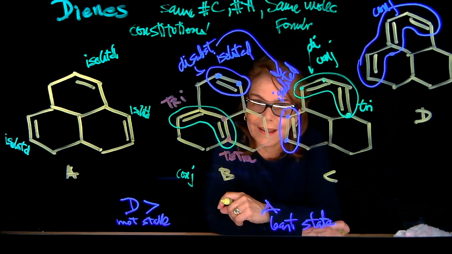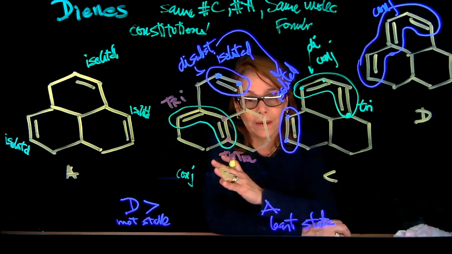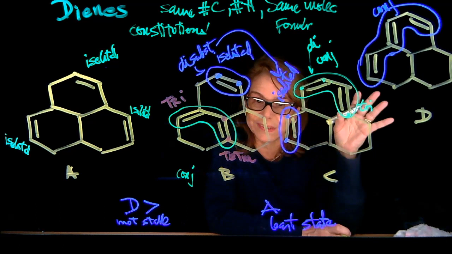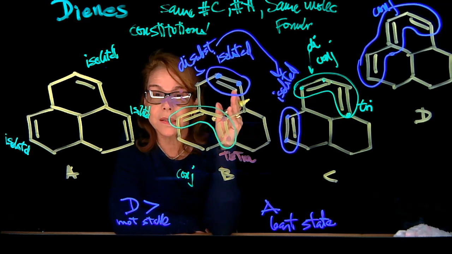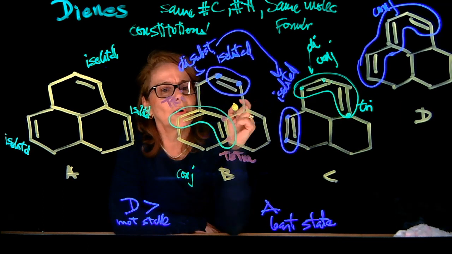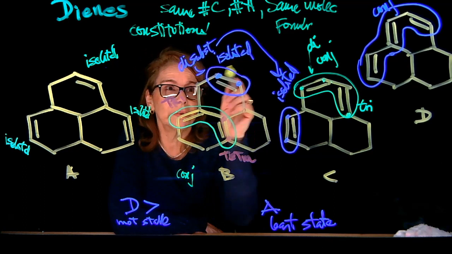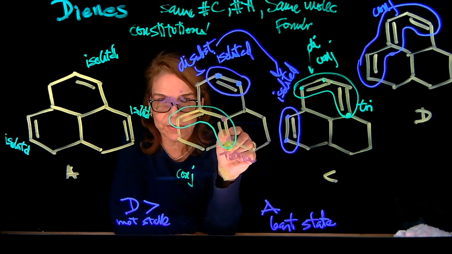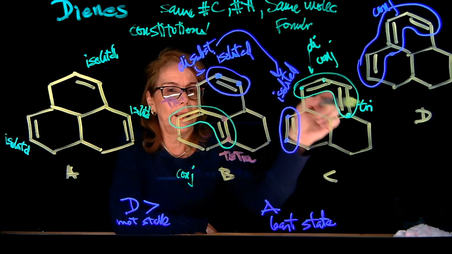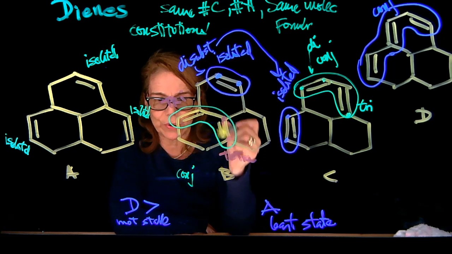And we learned that in alkenes, in a homologous series with the same number of carbons and hydrogens, the more substituted the alkene, the more stable it is. That's the case here. We have tri and tetrasubstituted versus di and trisubstituted, so B is more stable.